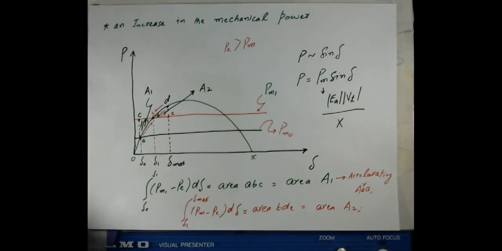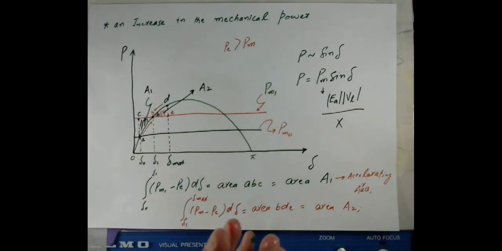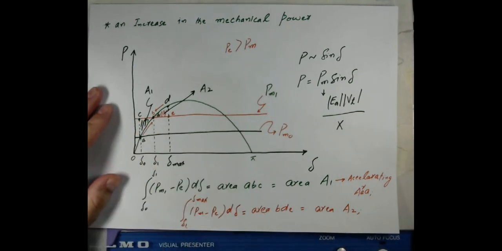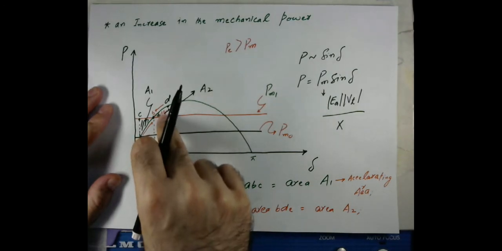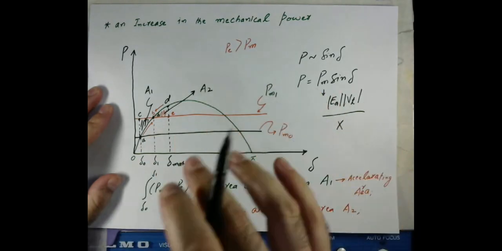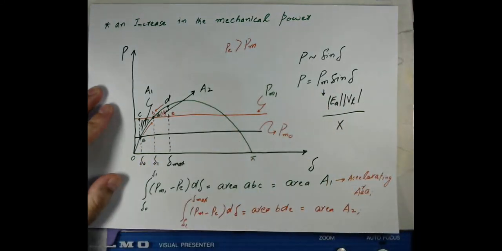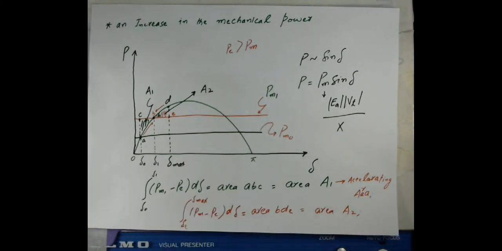As I discussed, during the accelerating area the kinetic energy, which is related to the speed, will increase, and during the deceleration this energy stored in the rotating mass during acceleration is given up.